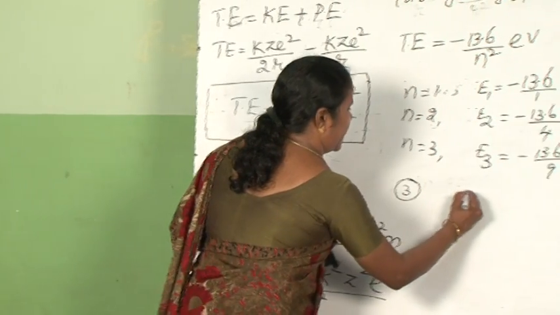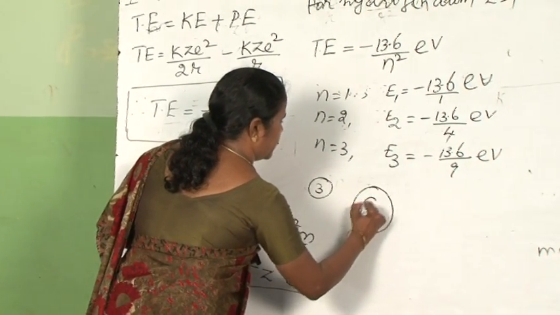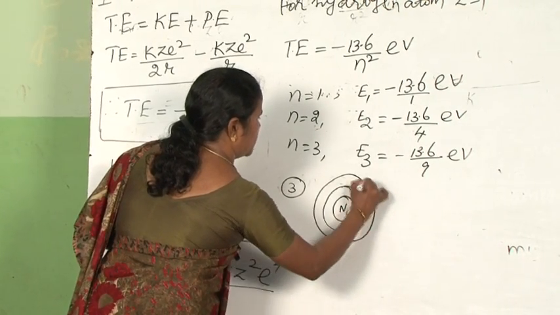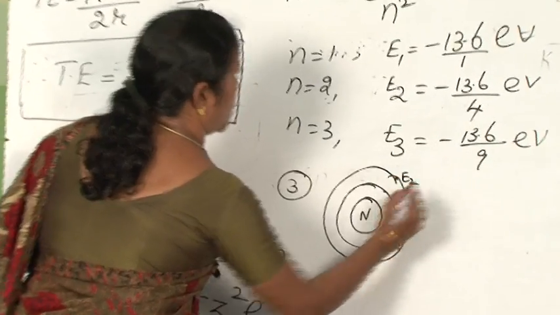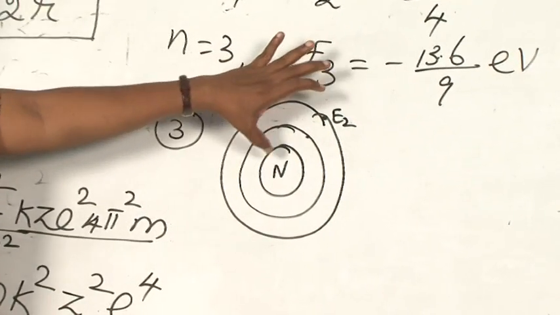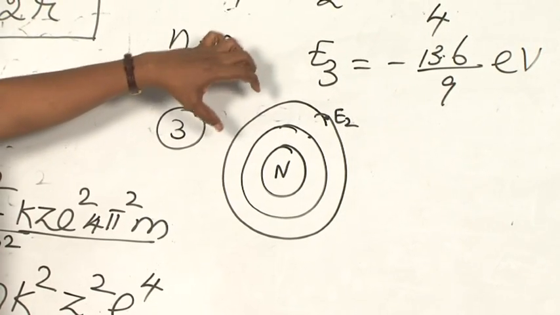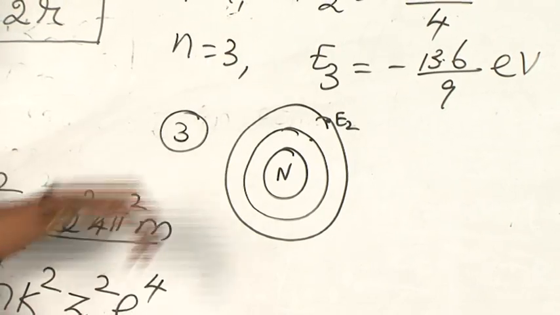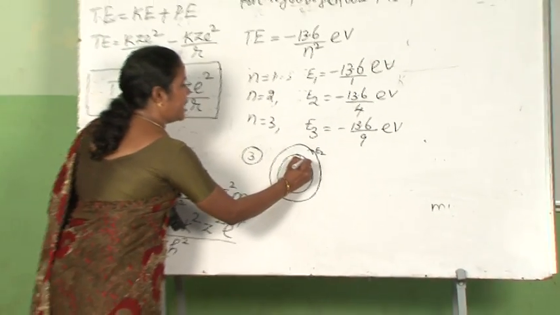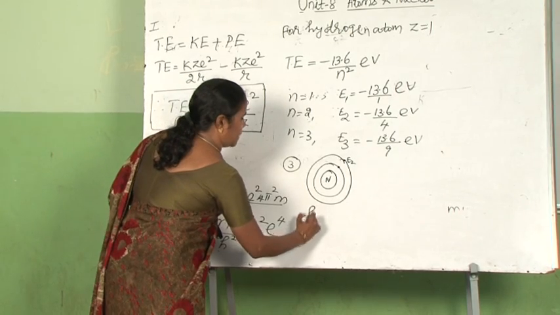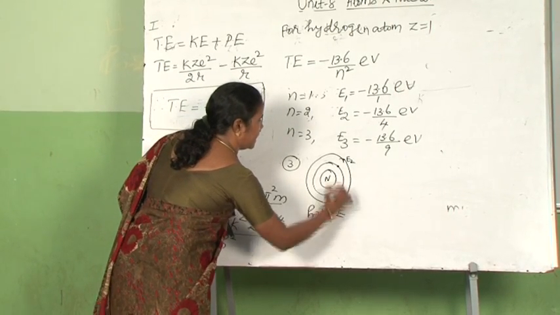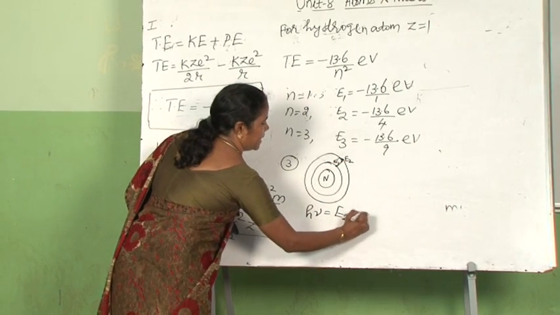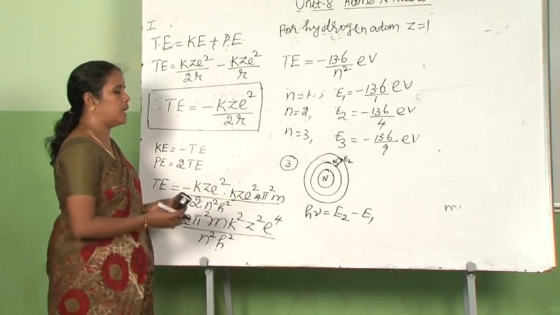Suppose an electron jumps from the innermost orbit to the outermost orbit, there will be absorption of energy, and if an electron jumps from the outermost orbit to the innermost orbit, there will be emission of energy. So, the energy emitted is equal to the difference in energy levels of these orbits, that is E2 minus E1.